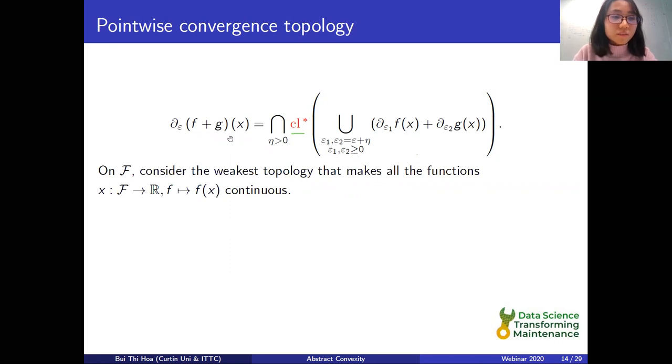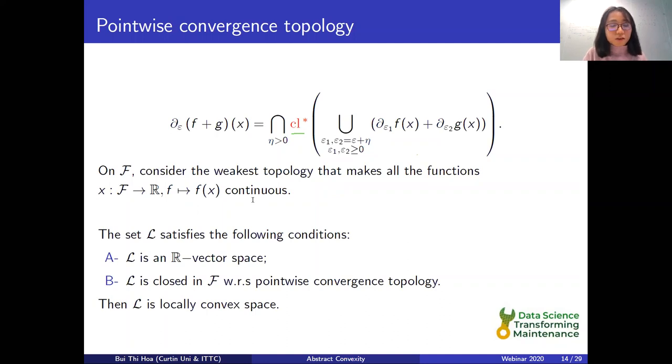a topology on the set L. If we go back to the set of the real functions, we have the weak star topology, which is the weakest topology that makes all the functions here continuous. In the dual space, if we restrict this topology to the dual space, it becomes the standard weak star topology in X star.